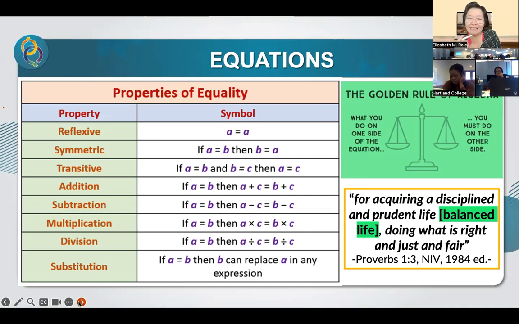So to acquire a disciplined and prudent life, or balanced life, we need to do what is right and just and fair. And that is the golden rule. What you want others to do to you, do the same to others. And what you don't want others to do to you, don't do that to others. So please remember this golden rule of algebra as we solve equations.